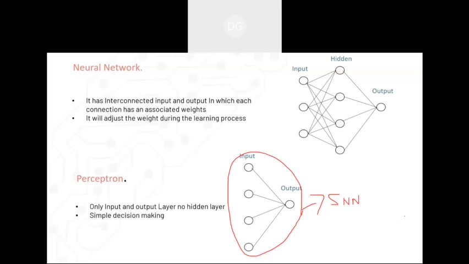In case you have only one hidden layer, with input and output, we call it a shallow neural network. If there is more than one hidden layer, we call it a deep neural network.